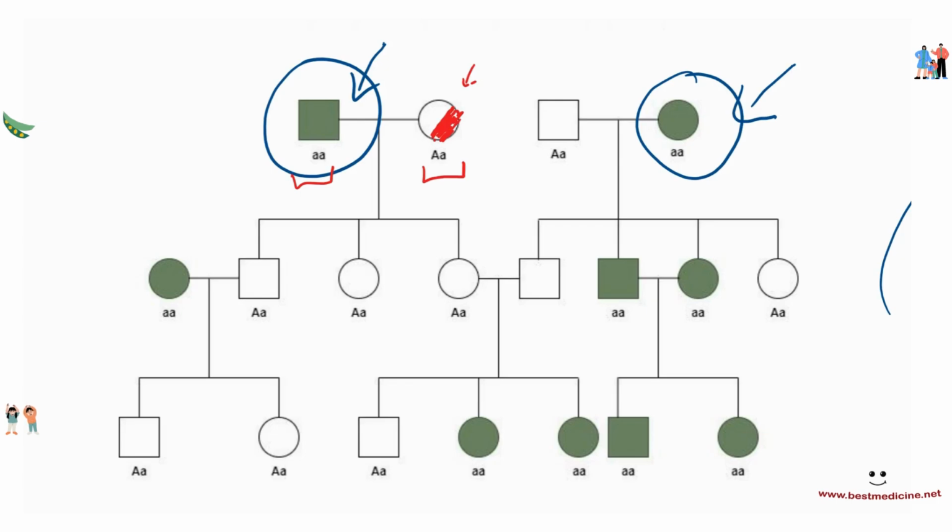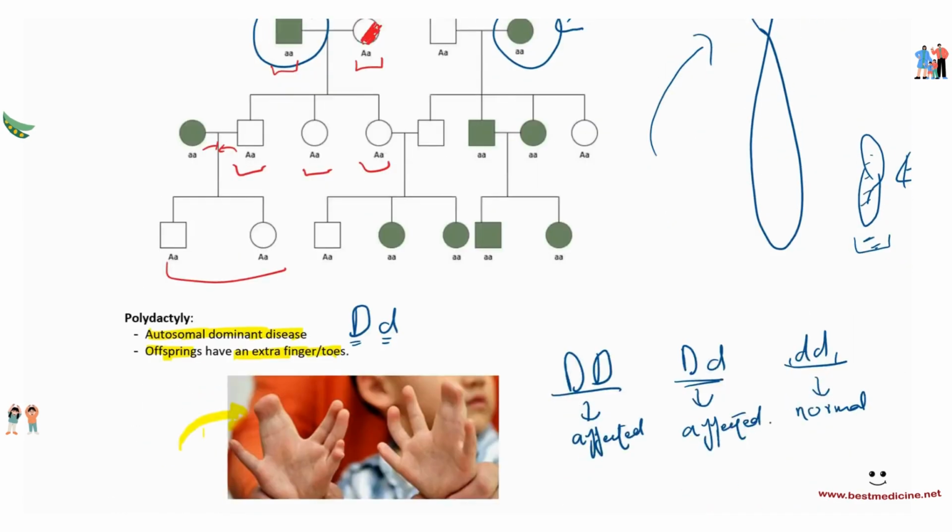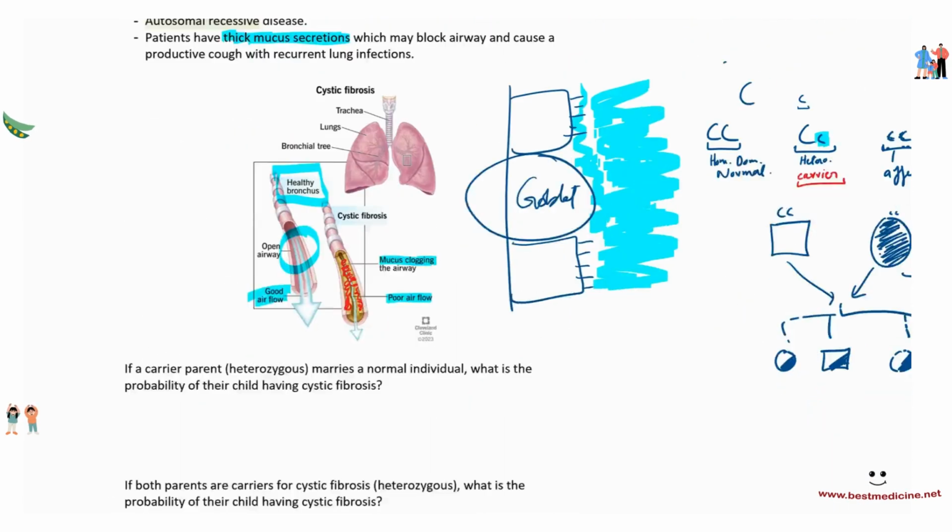Okay, but anyways, a carrier versus a carrier mating an affected person, and you get a 50% probability of having the disease. But here's the resultant genotypes of the children and so on, right? And then this is mating with this one and so on. So that's how family trees work.